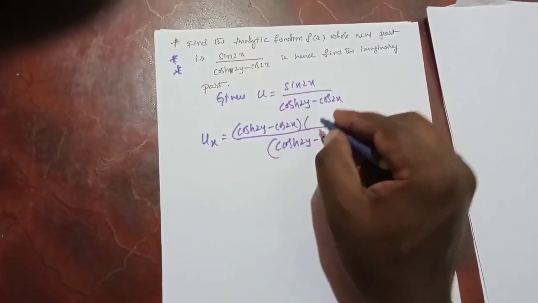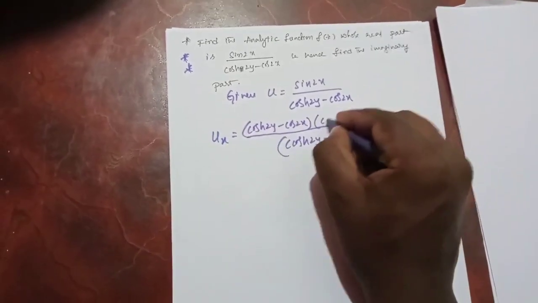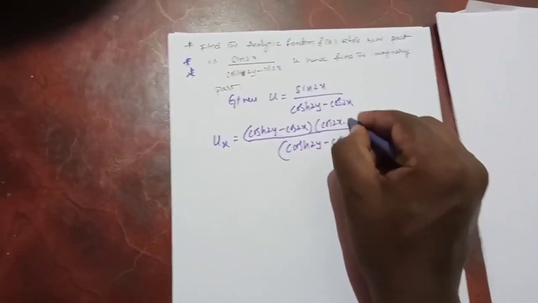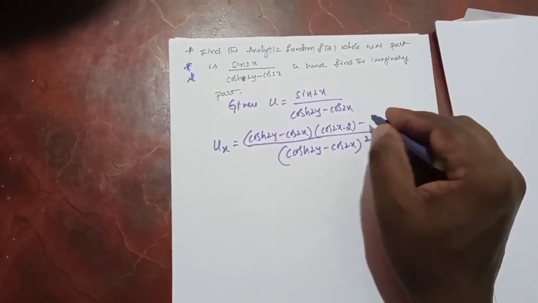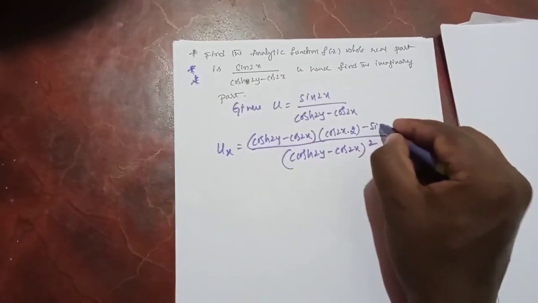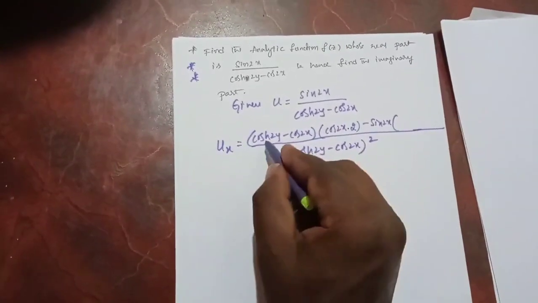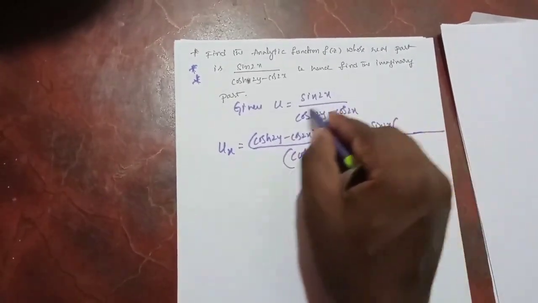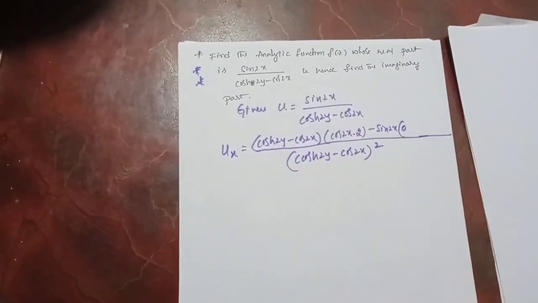differentiation of numerator, that is partially with respect to x, sin 2x differentiation cos 2x into 2, minus, write that numerator as it is, sin 2x as it is. Here with respect to x, differentiation of denominator, cos hyperbolic 2y is a function of y, differentiation of that is 0.